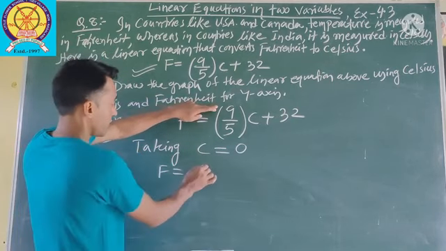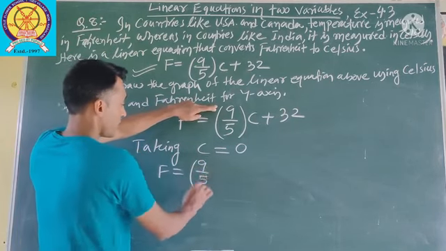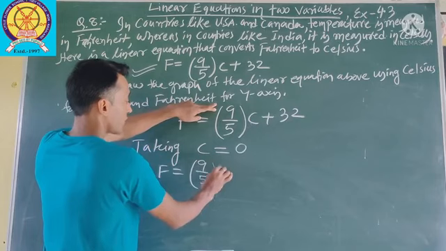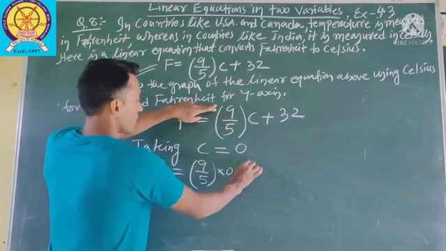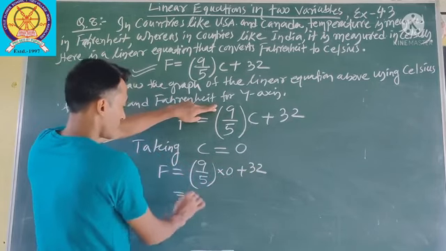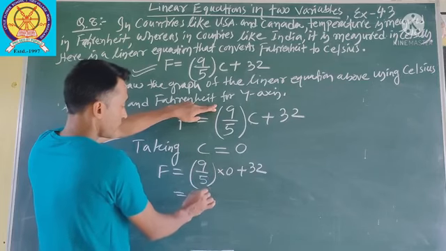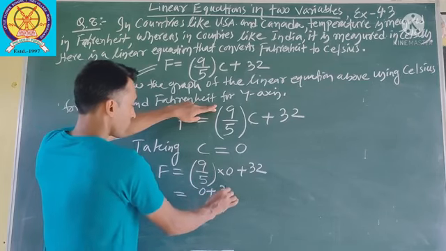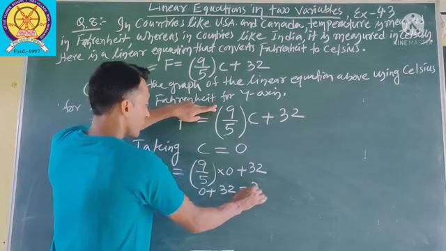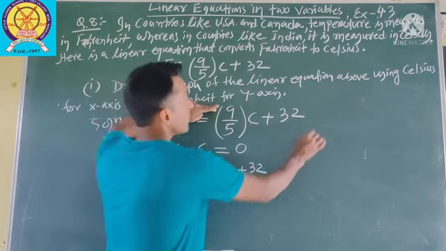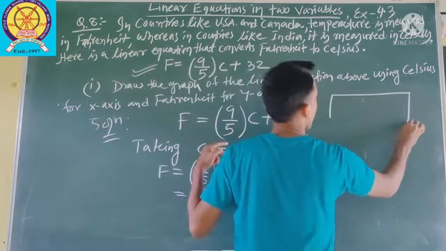Fahrenheit is 9/5 into Celsius, we take 0, plus 32. 9/5 into 0 is 0, plus 32 is 32. So what do we get?